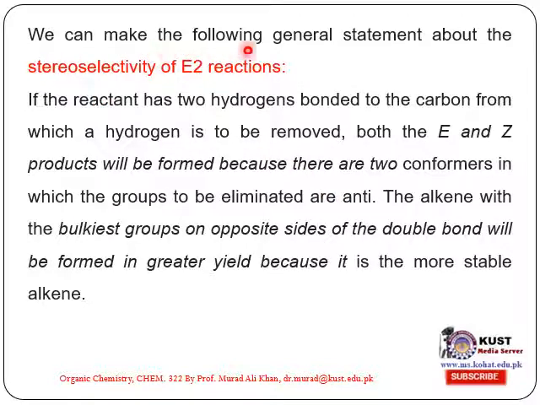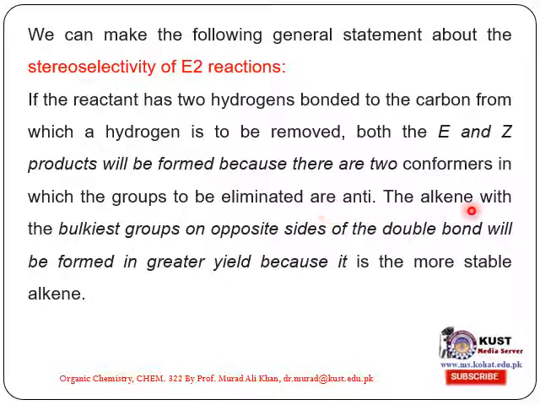We can make a general statement about the stereoselectivity of E2 reactions. If the reactant has two hydrogens bonded to the carbon from which a hydrogen is to be removed, both E and Z products will be formed, because there are two conformers in which the groups to be eliminated are anti.